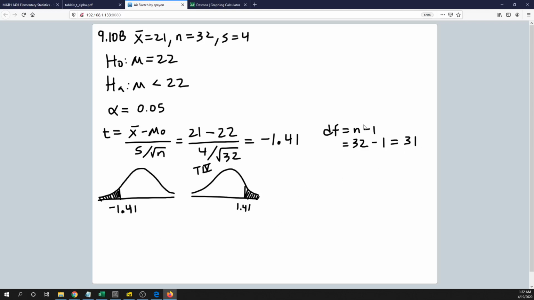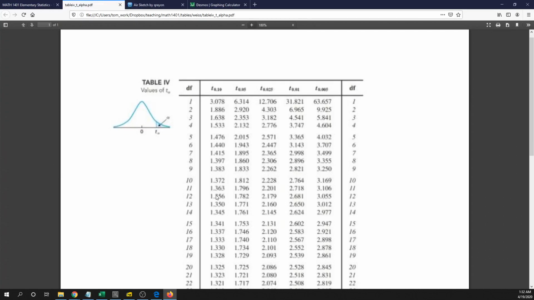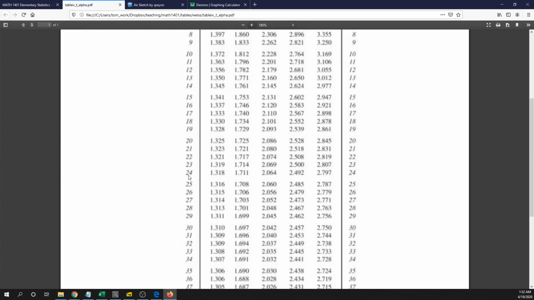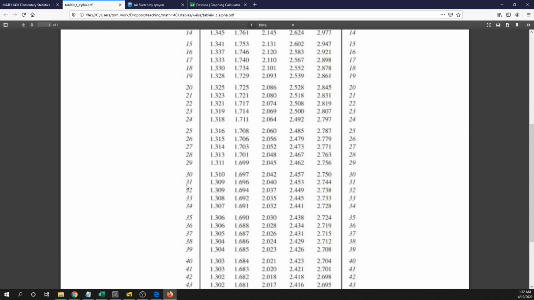So we would go into the table and look at the row for 31 degrees of freedom right here. And we're looking for where 1.41 would lie. You notice 1.41 is not exactly in this row, but it is in between this number 1.309 and 1.696, okay?